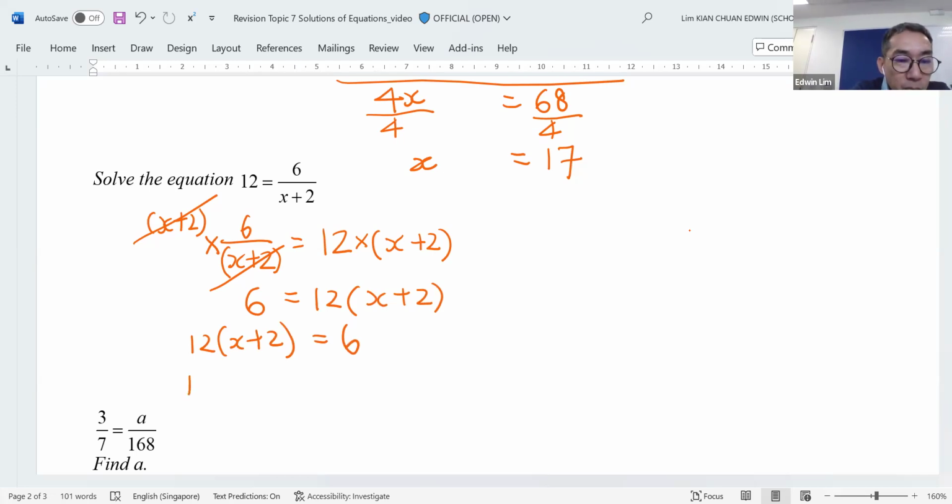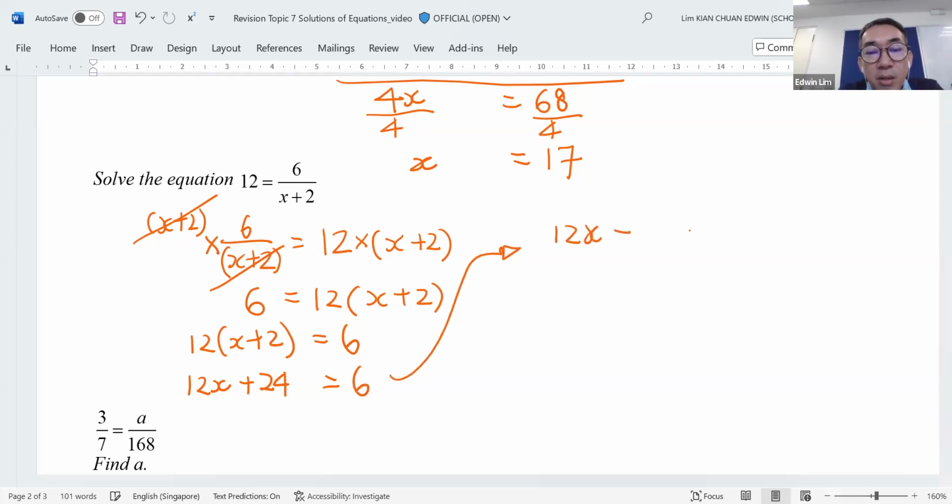Open up the bracket: 12 times x is 12x, 12 times positive 2, I get positive 24, equals 6. I write it here: 12x plus 24 equals 6. Now on the left hand side, I want to get rid of positive 24.